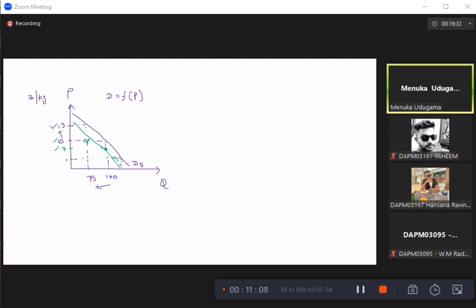Something like that. So let's say this is 30. A little off, but what I'm trying to do is to connect these 2 points. So these are the prices.